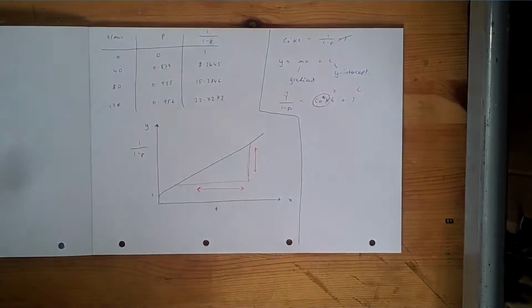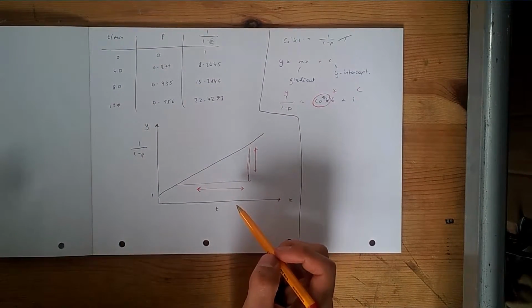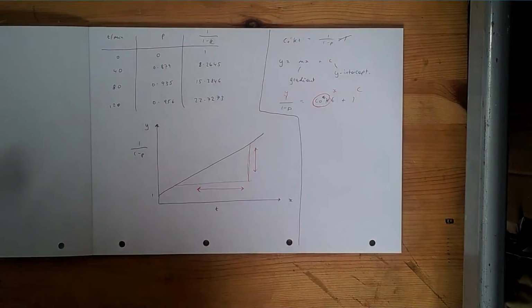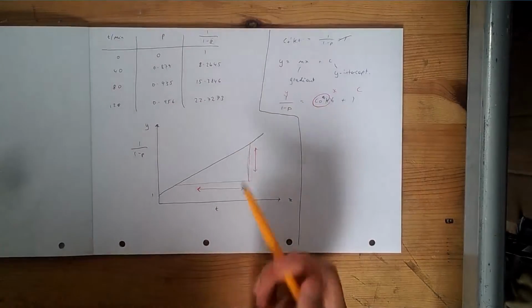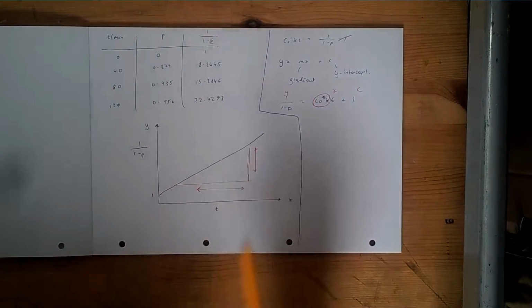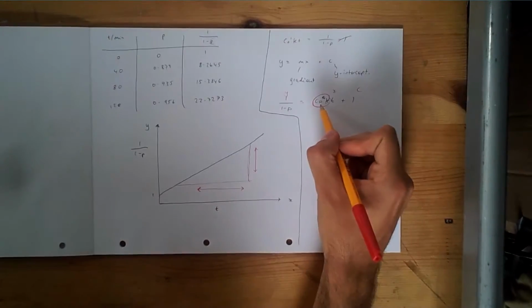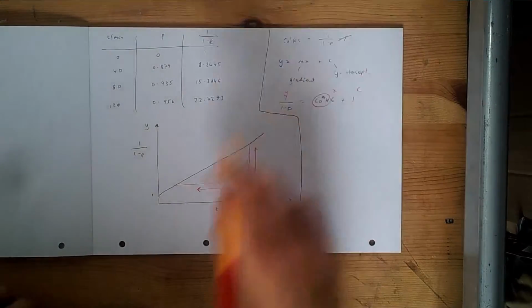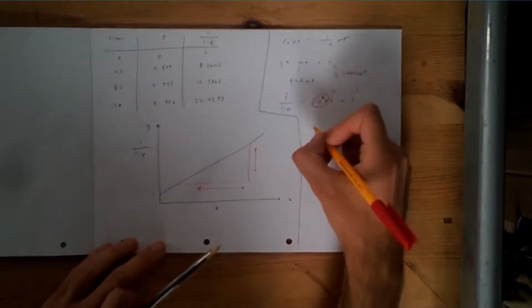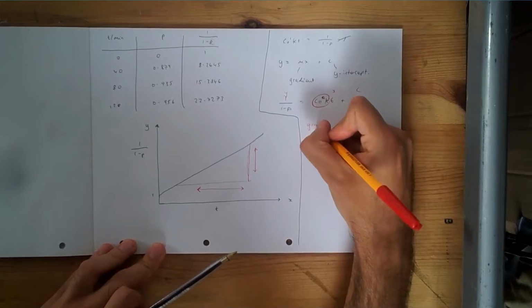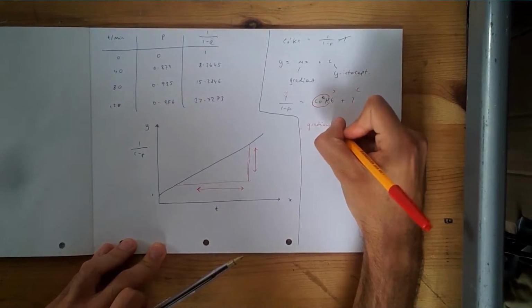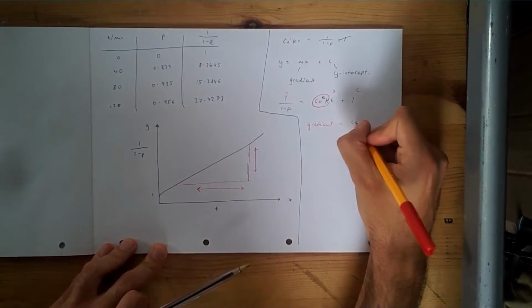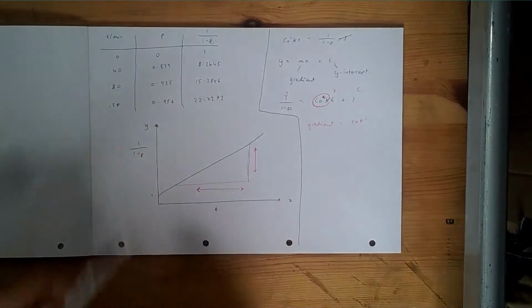If we calculate a numerical value for this gradient, we would be able to equate it to C0 k prime. So essentially what I'm saying is our gradient is equal to C0 k prime.